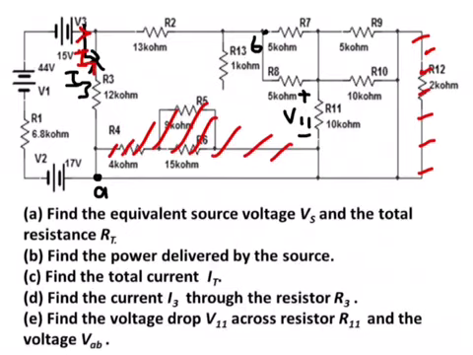Here we have three sources. This one is trying to push current this way, 44 volts. 15 volts is also trying to push current in the same direction, while 17 is trying to push current in the opposite direction. If you go around in this loop, you'll see that the net voltage will be 44 plus 15 minus 17.